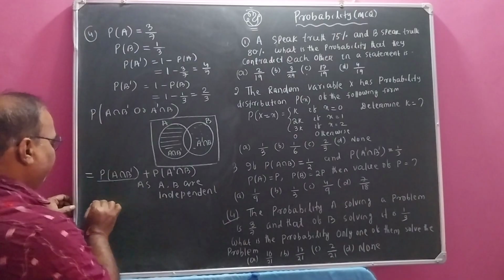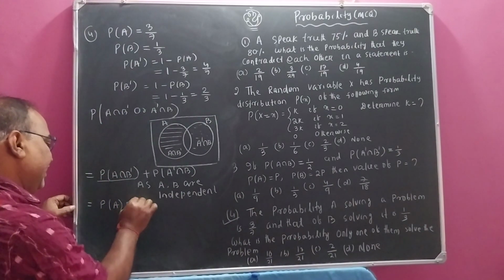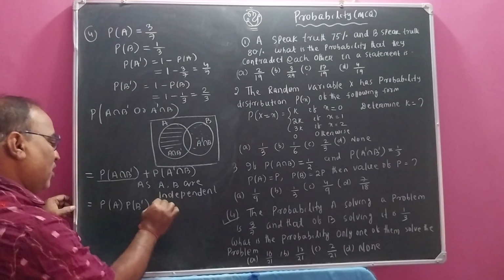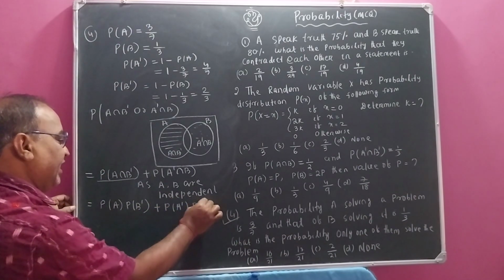So applying probability of A into probability of B dash plus probability of A dash into probability of B.